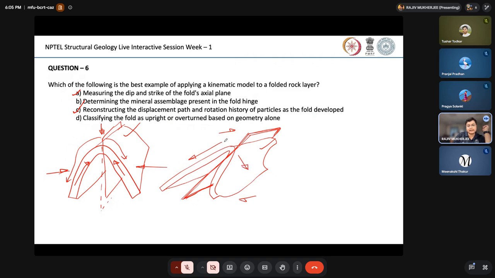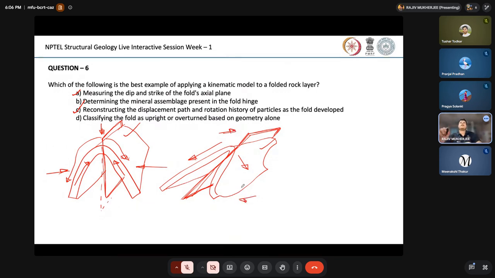So the particle flow path can be reconstructed if we know how the axial plane is tilted, because based on the position of the axial plane, we can draw the flow path of the particles, how they have moved during progressive deformation. That is why understanding the position of the axial plane is important for understanding the kinematics of the particles involved in the folding of a layer of rock.